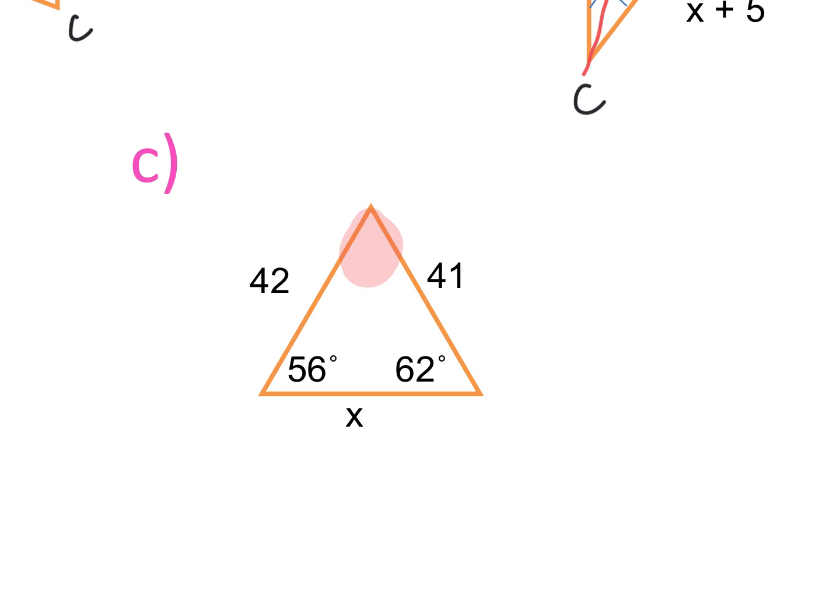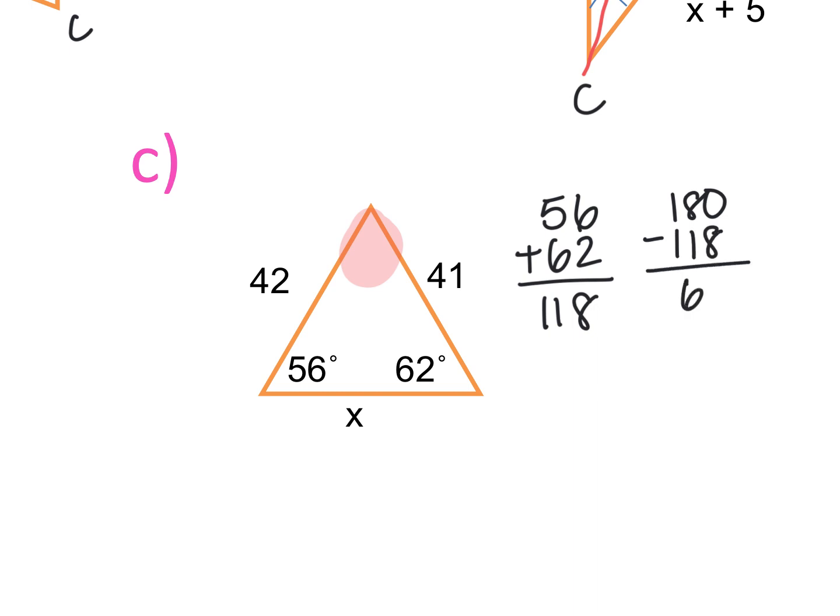The bottom two angles, so 56 plus 62, I'm going to get 118, and then what do I have to do? Yes, subtract from 180, and what would I get? Good, I would get 62.